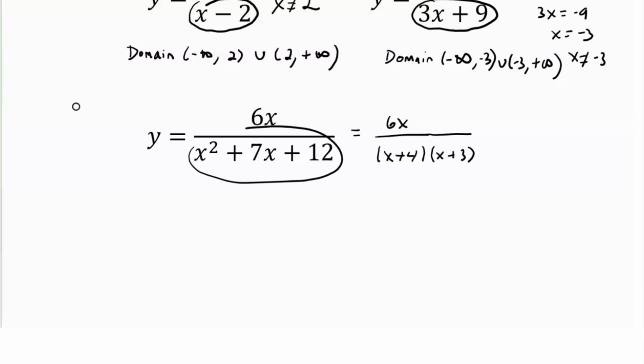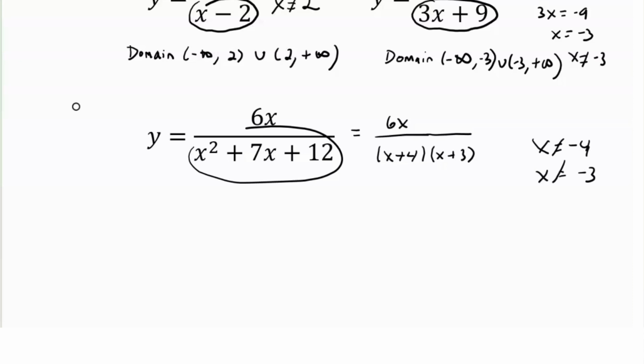That means that x equal negative 4 and x equal negative 3 would make 0 in the denominator, so it would make the function undefined. So these values cannot be part of our domain.